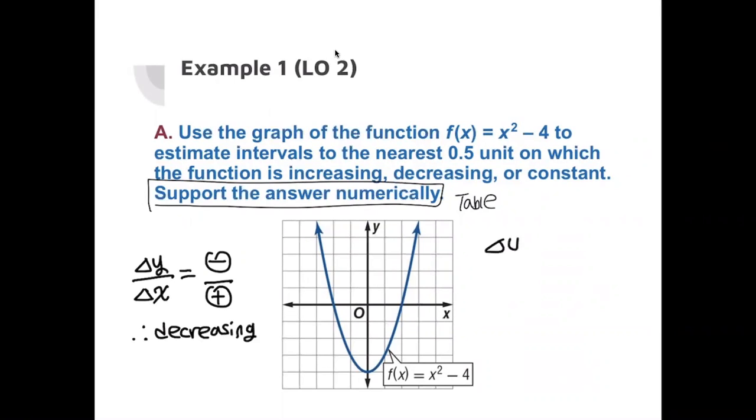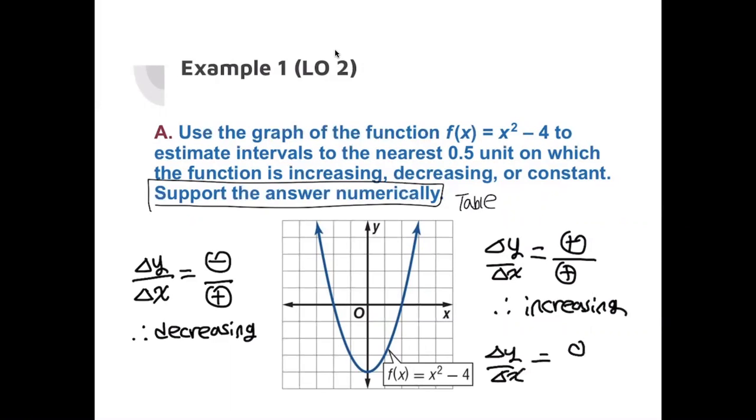When change in y and change in x are both positive, we call this increasing. When change in y over change in x is 0 over positive, we call this constant. Keep this in mind as we are solving the problems, okay?